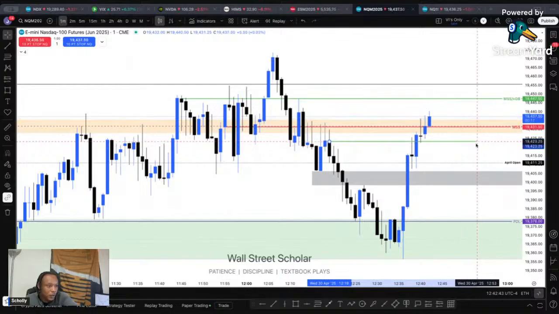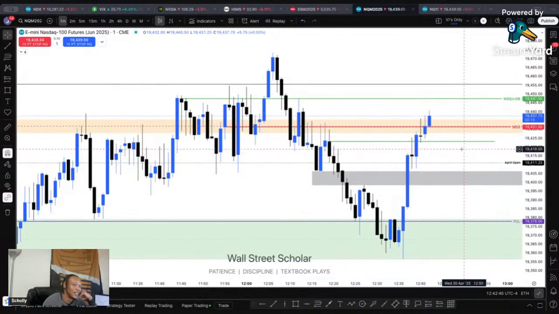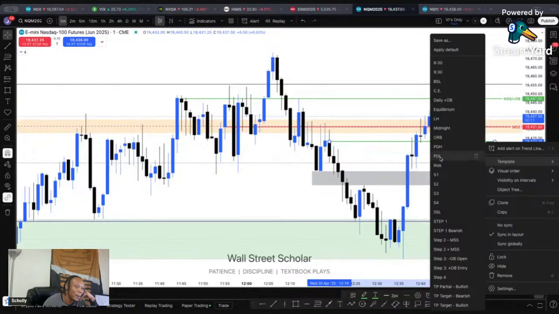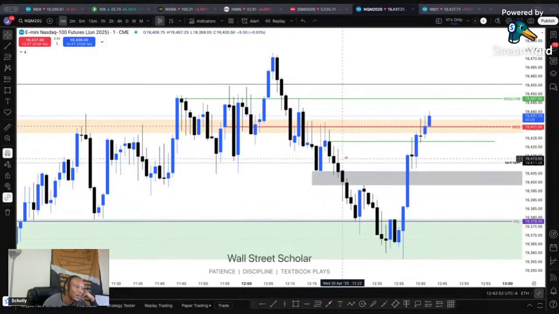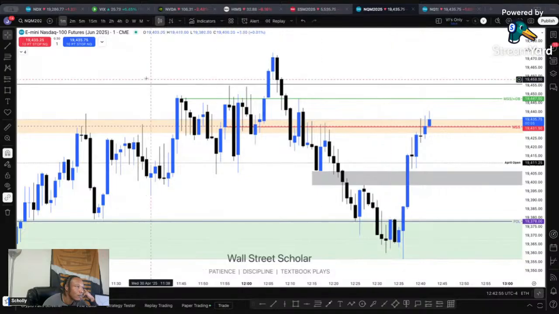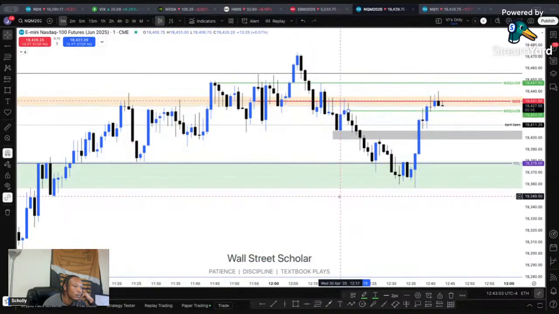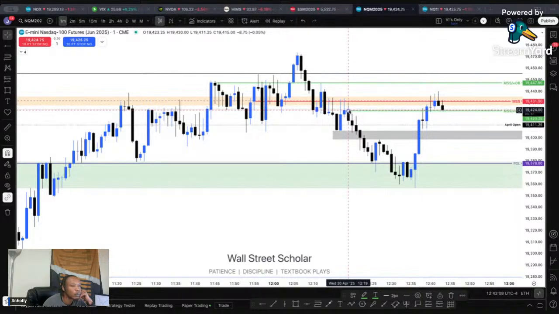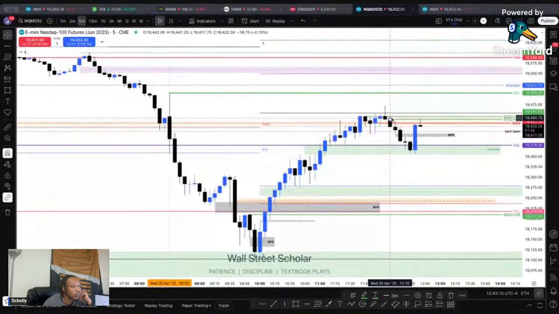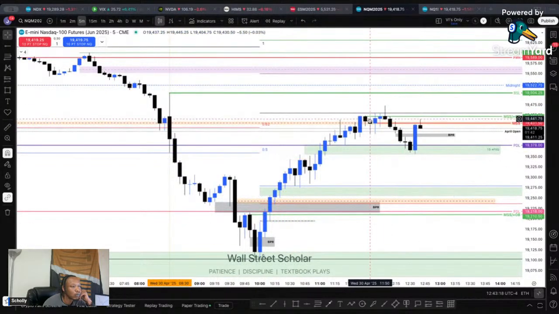You said they got to get above all them down closed candles. They did it. Swept all of this. We got to close above 439.